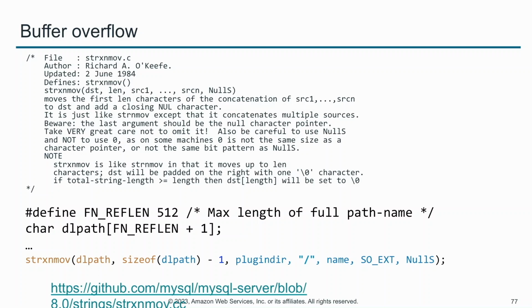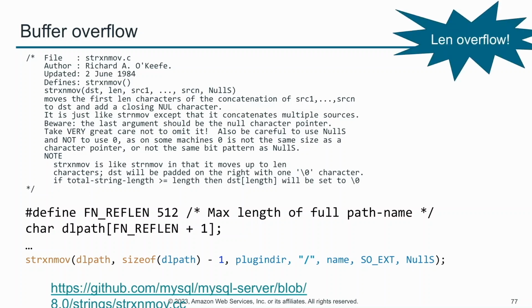So we can see here that it is using this FN_REFLEN, which is the define. Basically that means that if we overload and create a long name for the plugin, we will be able to do a length overflow. So that means that if we create a long name, it will not append the .so.